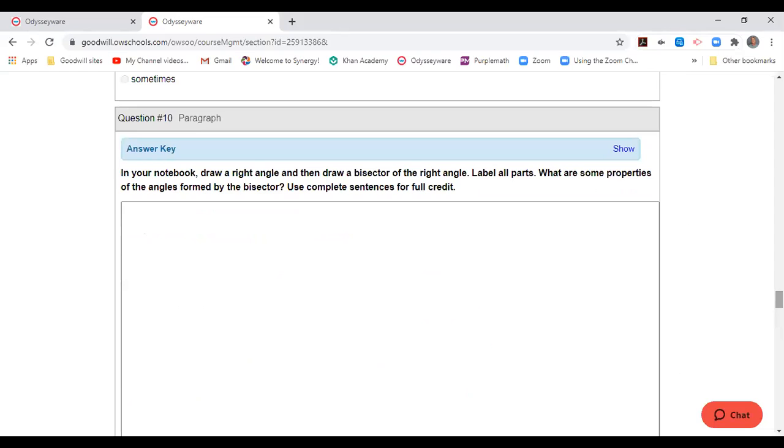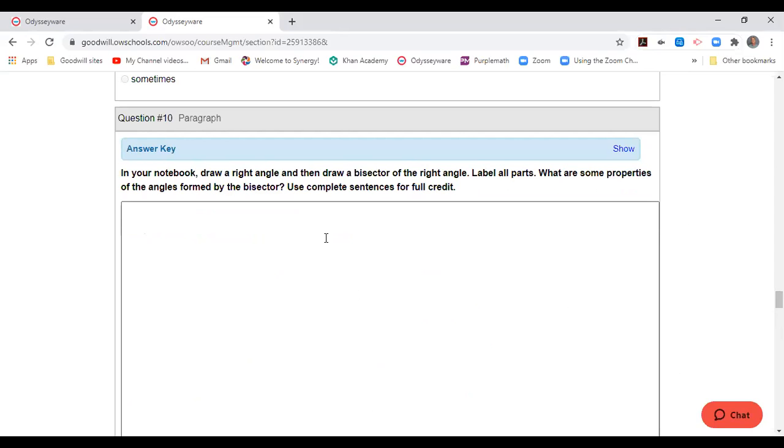But what are you going to get when you bisect a right angle? And how much are each one going to measure? 45. You're going to get two 45-degree angles. That's right. They're both going to be acute.